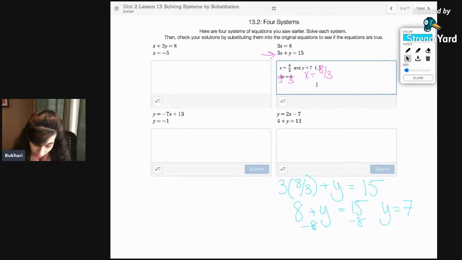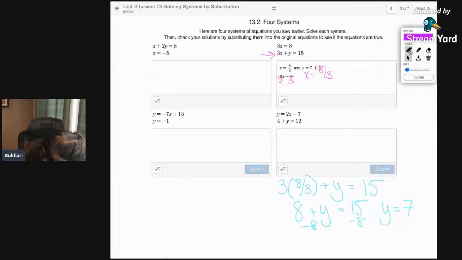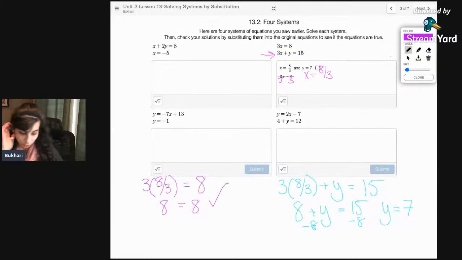I can check that by substituting back into both of my equations. I know that if x equals 8 over 3, then substituting x back in, 3 times 8 over 3 gives me 8. This equals 8, which is perfect, exactly what I'm looking for.